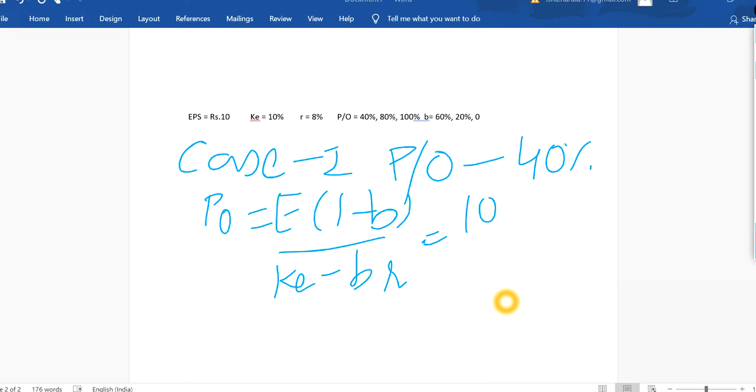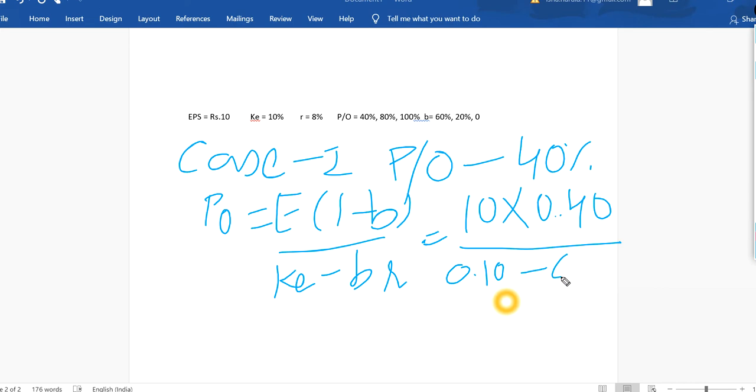So 10 into 40%, which is the payout. Out of 10, 40% is distributed. So 10 into 0.40. KE is given to us, that is 10%, 0.10, minus BR.